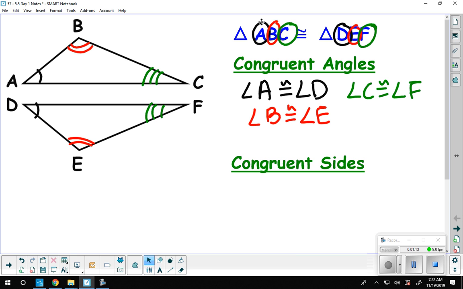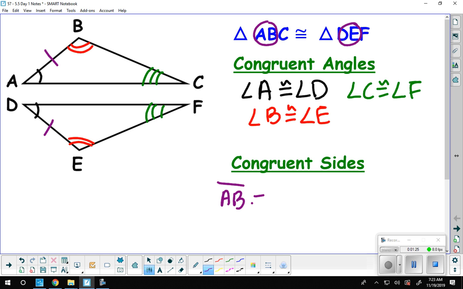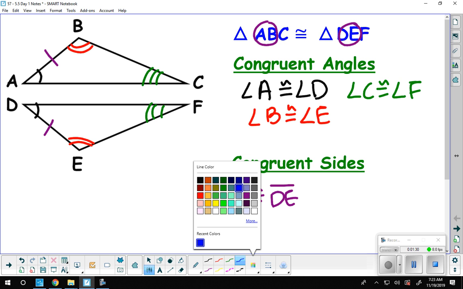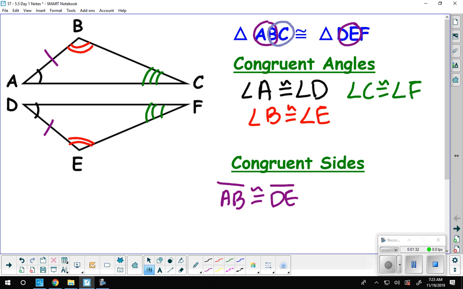And then we have corresponding sides. So let's look at the first two letters. We have segment AB and segment DE that are congruent to each other. So those are corresponding. Then we have segment BC and that's congruent to segment EF.